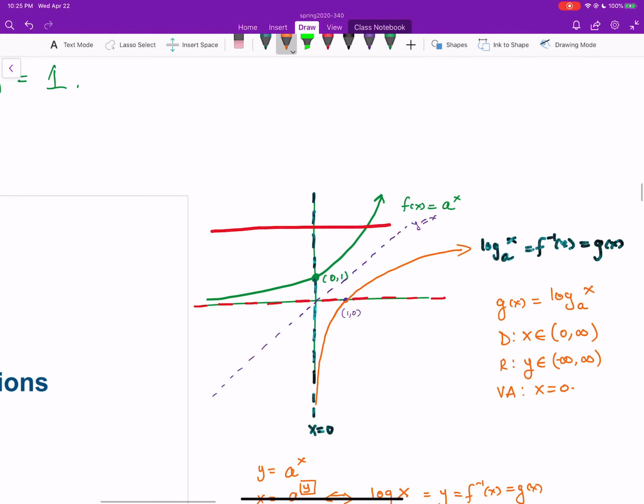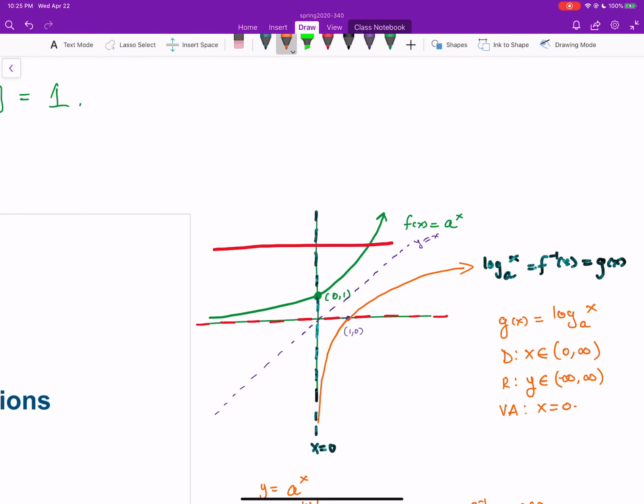So this is no brainer for us, because if you look at the characteristics of f of x equal to a to the x, its domain was x belonging to all reals. Its range was y belonging to 0 to infinity. And then it had a horizontal asymptote at y equal to 0.